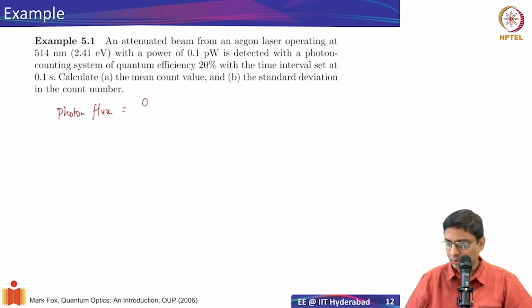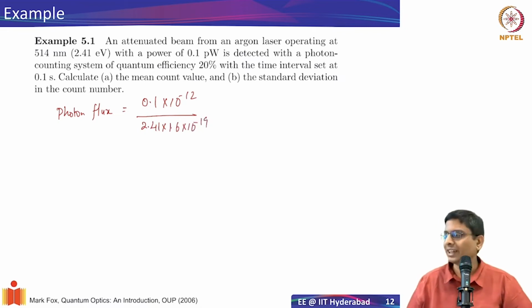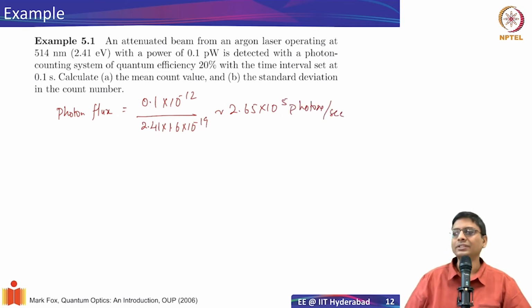So the photon flux is going to be 0.1 into 10 power minus 12 divided by 2.41 into 1.6 into 10 power minus 19. I have notes here which tell me the answer. It is going to be 2.65 into 10 power 5 photons per second.